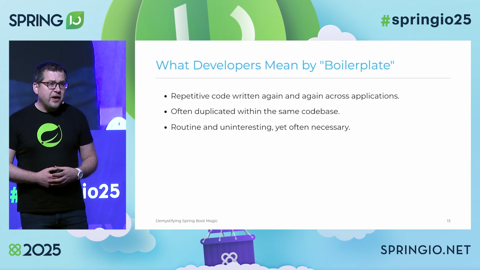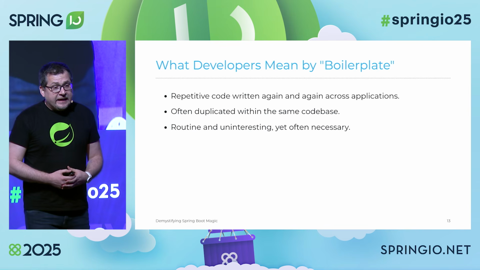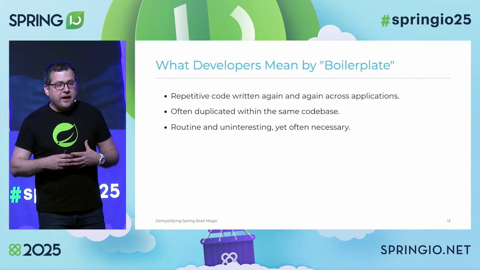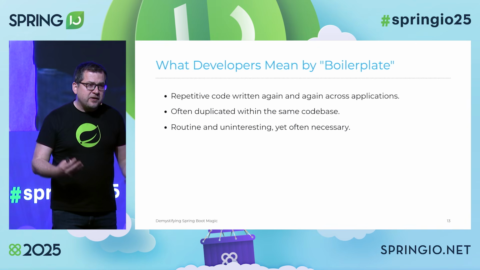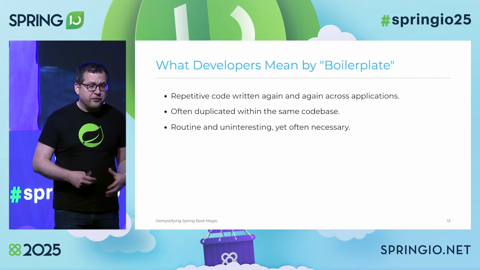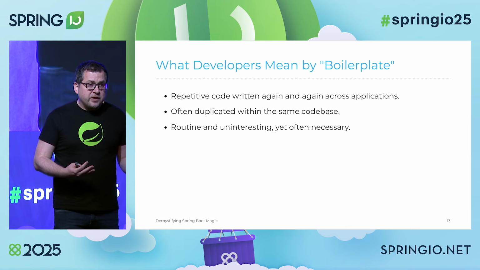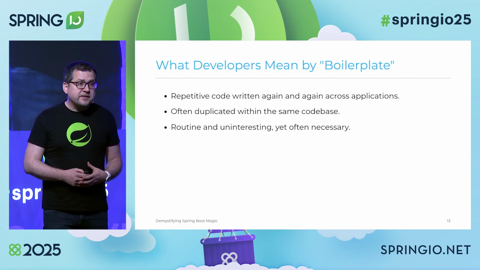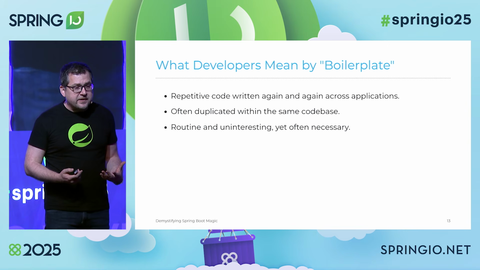If you talk about boilerplate, it's something we try to avoid, of course. If you write repetitive code, it definitely feels like boilerplate, and you want to get rid of that. And frameworks often do this for us, right? Repetition, even within the same code base, is a bad sign.